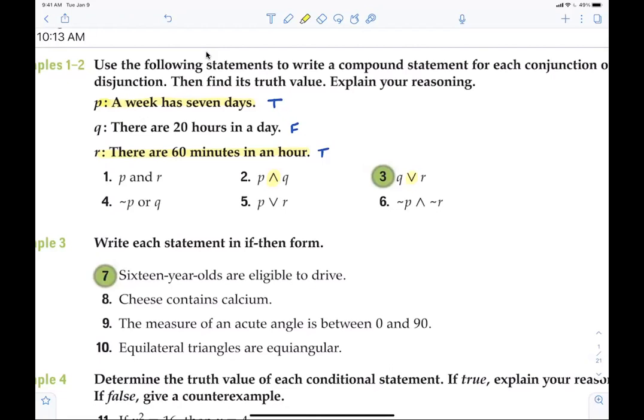So now we're going to write number 2. A week has 7 days and there are 20 hours in a day. That is correct. That's what you're writing down. Now, would you say that's true or false? That's definitely false.